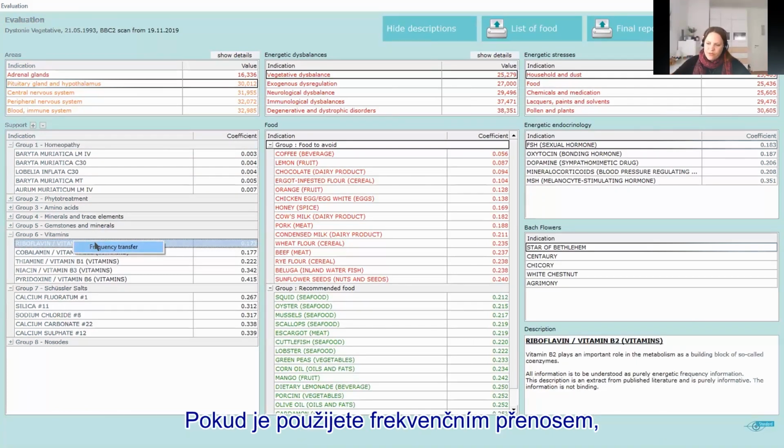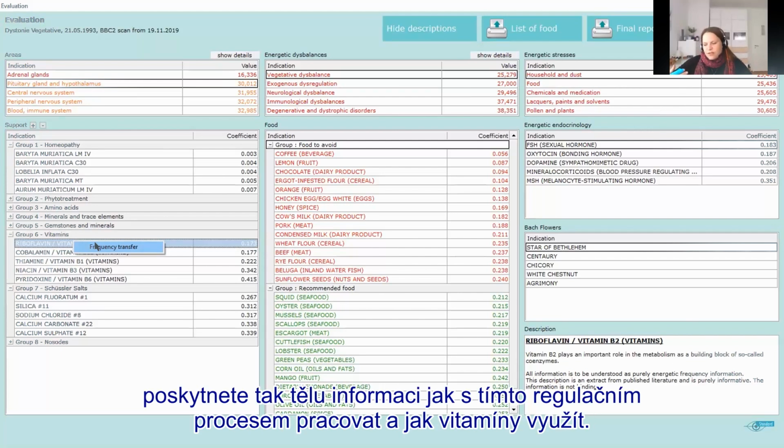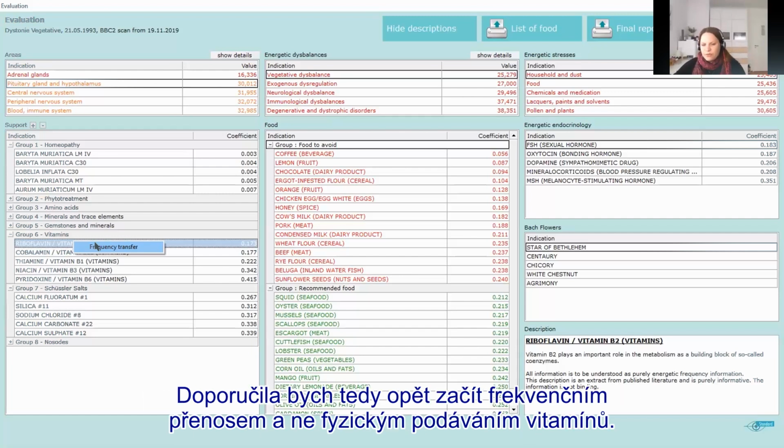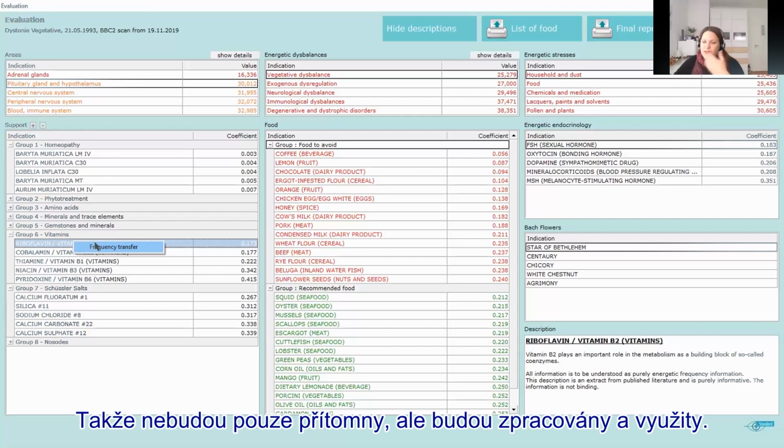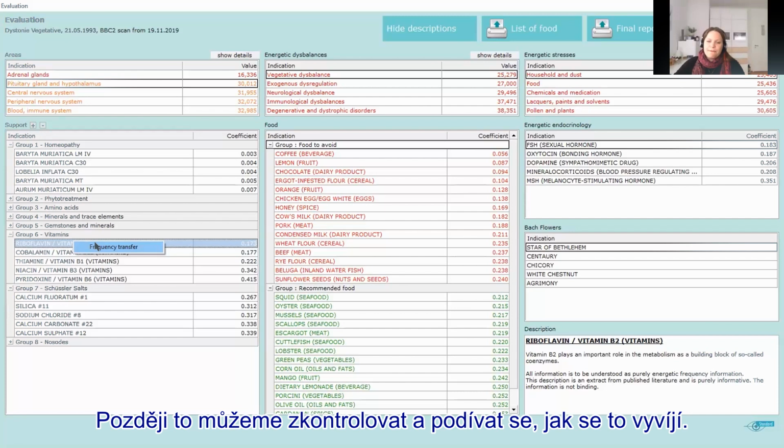When you use a frequency transfer, you give the body the information how to work with this regulating process, how to work with a vitamin, and then you have the best combination. So I would recommend the patient not to take more of the vitamin, but to start first with a frequency transfer, to give the body the information how to be able to use it, so it's not only there, but it's used, and then to check again later how it looks.